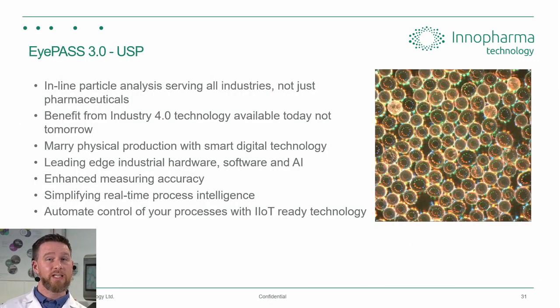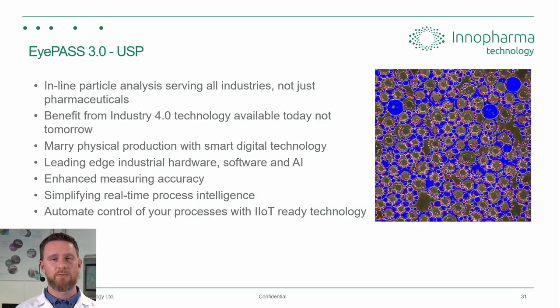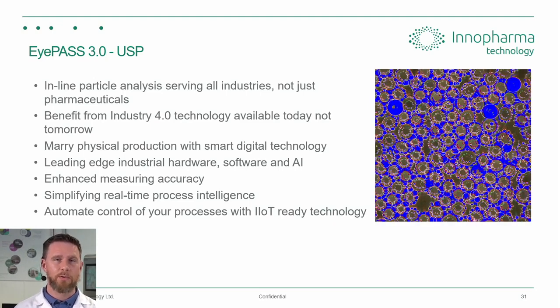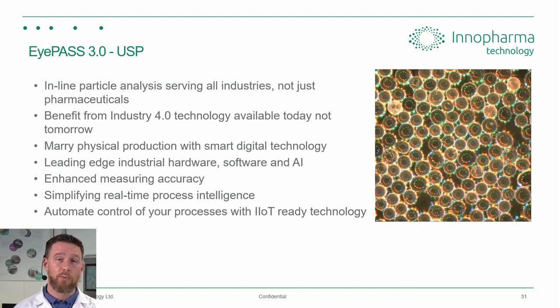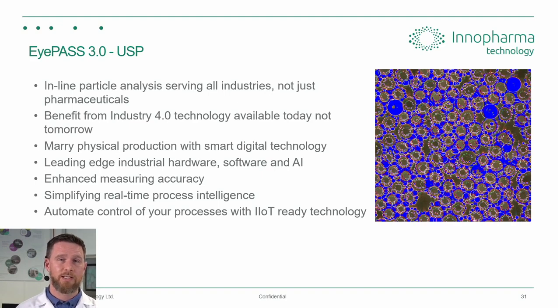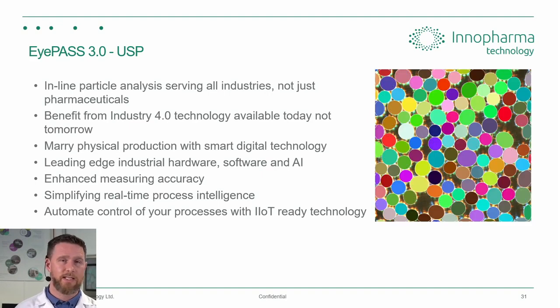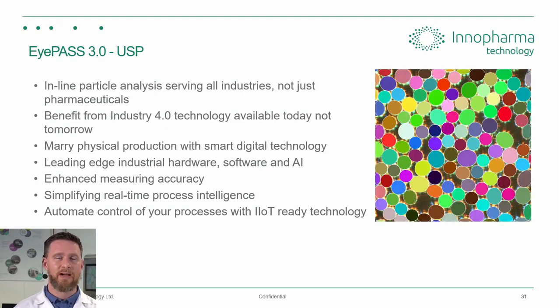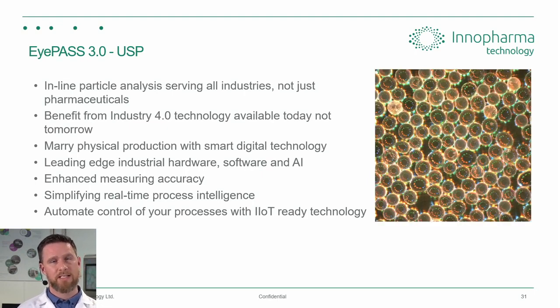Just to show some of the unique points about the Icon 2, here we can say that it's been used for a lot more industries and processes now than it was before. We're essentially using Industry 4.0 technology in the form of AI and machine learning today. It's developed, it's ready, it's not a promise of tomorrow. And it's also much more suitable for marrying physical production with smart technologies.